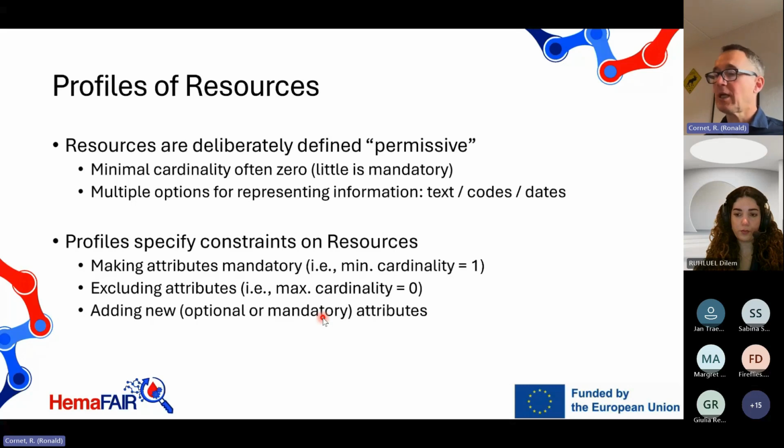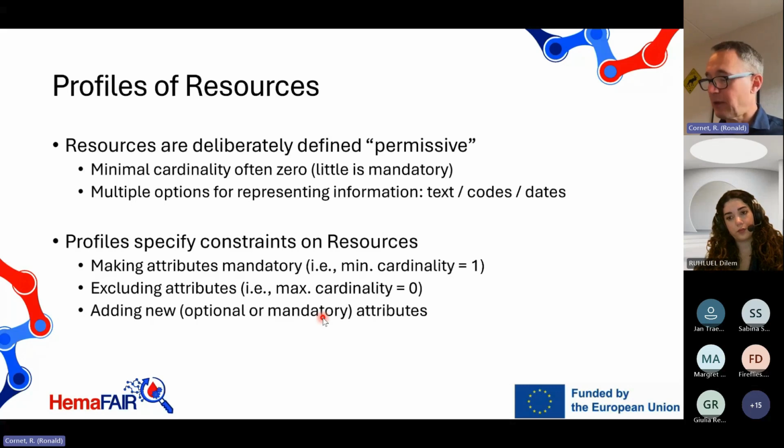And then you can say, for example, okay, this attribute is mandatory. Maybe in the resource, it says this is an optional attribute. But if, for example, in the Netherlands, we agree that we must always use our citizen service number, then we can say that type of identifier is mandatory in a Dutch information exchange.